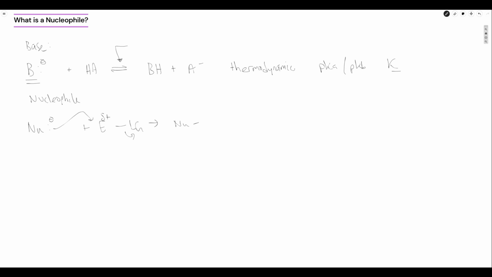So we have this. This is a kinetic property, and this is the fundamental difference between a base and a nucleophile. It really doesn't have anything to do with where something sits in an equilibrium. It has nothing to do with K. So nucleophilicity is a kinetic property.